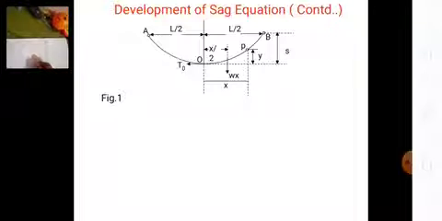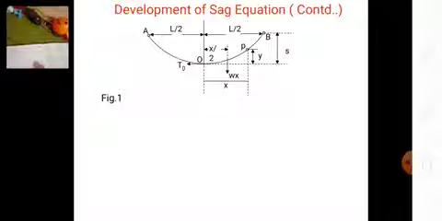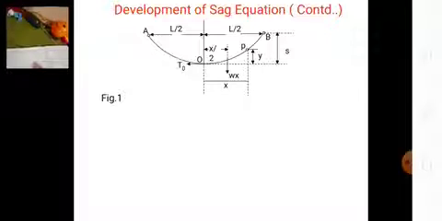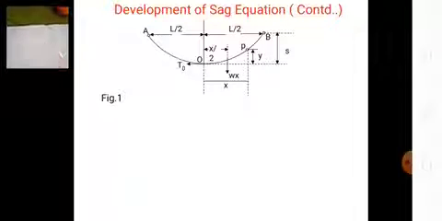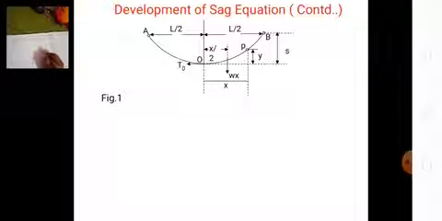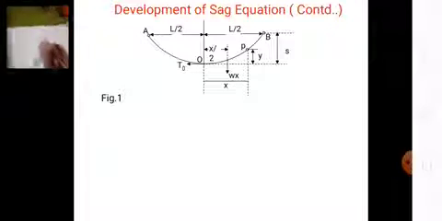The distance from O to H is X. The length of this conductor portion is X by 2, and the weight is W into X. The opposite component is Y.